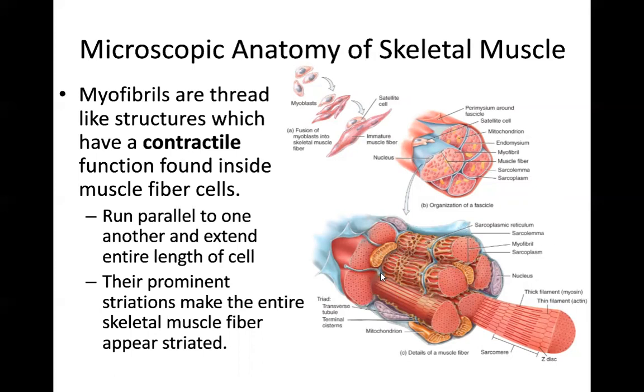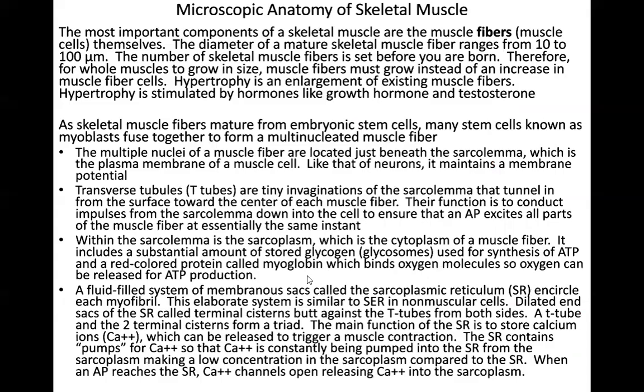These extensions, or invaginations really, are called transverse tubules, or T-tubules for short. Their job is just to conduct nerve impulses from the sarcolemma down into the cell to ensure that an AP, action potential, excites all parts of the muscle fiber essentially at the same instant.